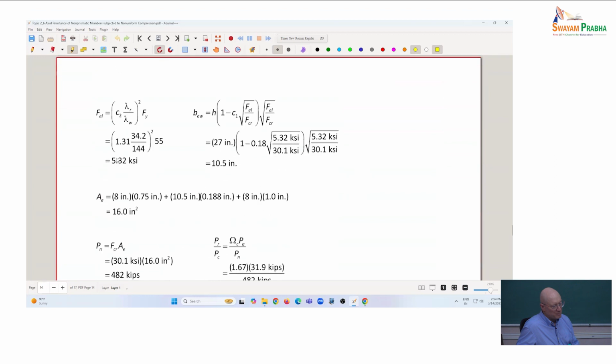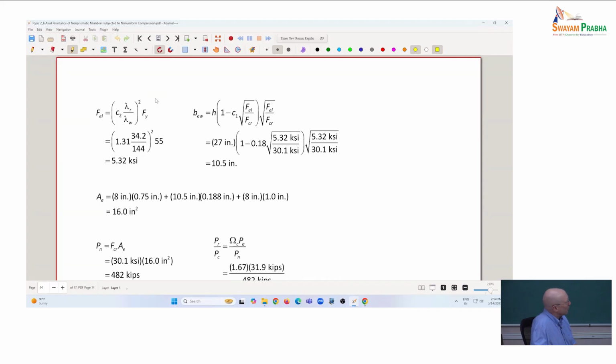So now we need to calculate an effective width of the web. We'll use Dr. Schafer's equation for the elastic local buckling stress of the web, Fe script L, written in terms of lambda r.